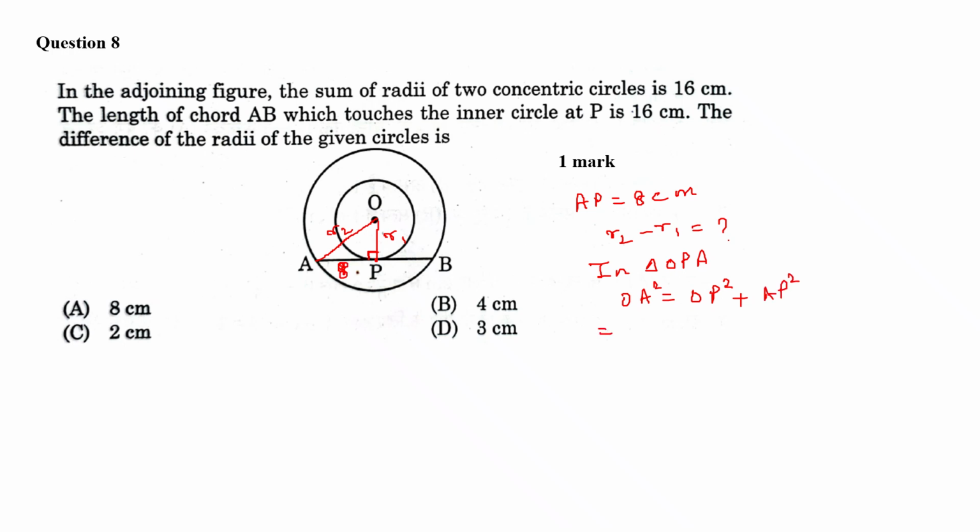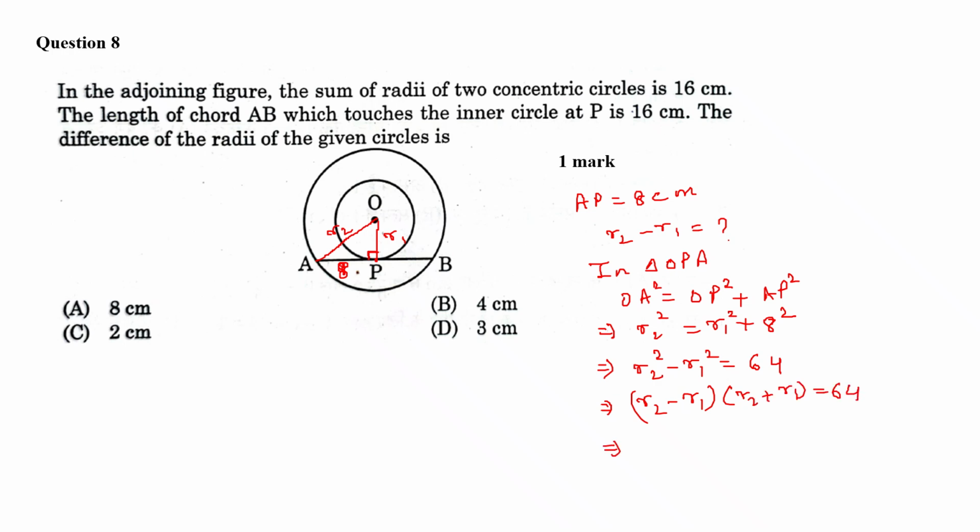Now let me put all the values. R2 square is equal to R1 square plus 8 square. And I'm transposing R1 square to left side. So 8 square is 64. Now I'm going to use the identity A square minus B square. So R2 minus R1 into R2 plus R1 is equal to 64.